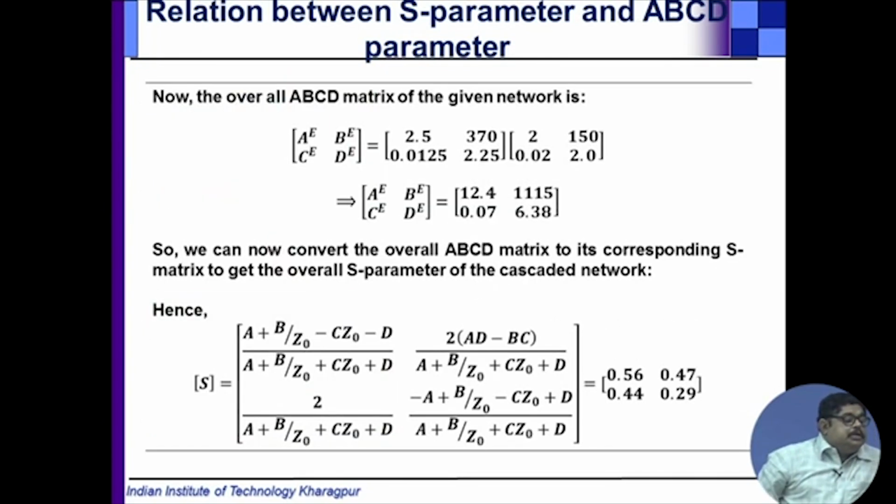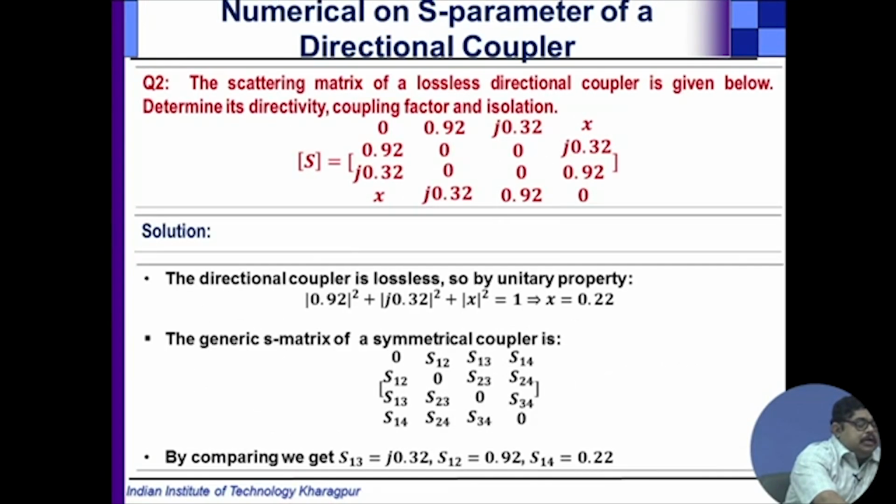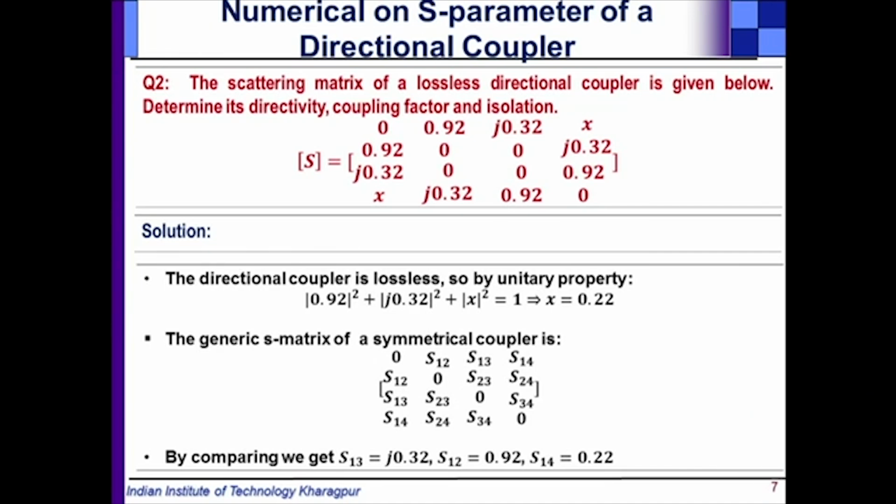The overall ABCD matrix is this, and then this ABCD matrix can be converted to an S matrix by going like that. This is to show you the usefulness of the ABCD parameter. Now, let us come to the second problem.